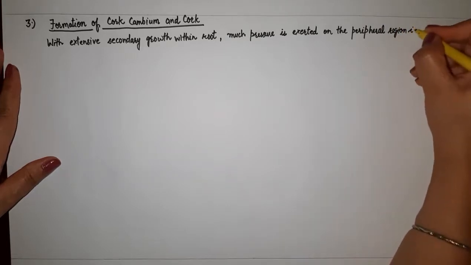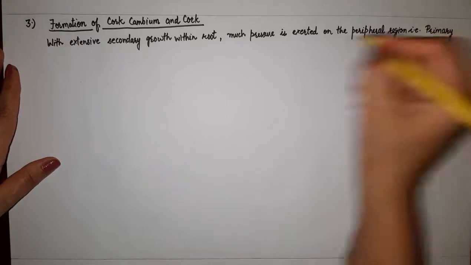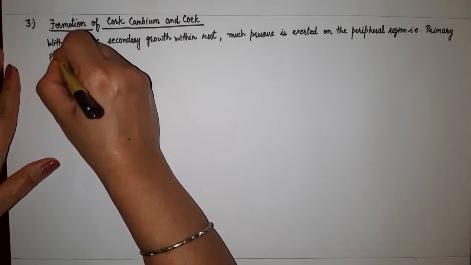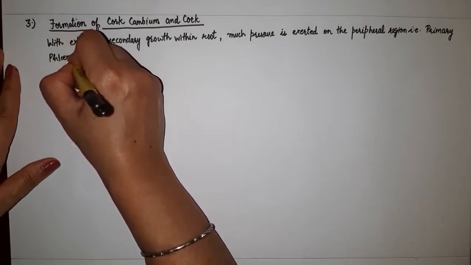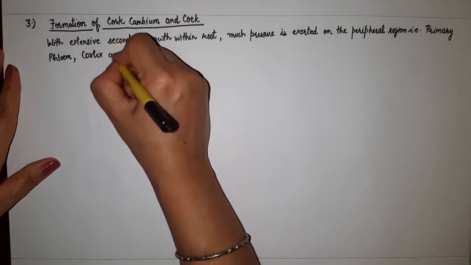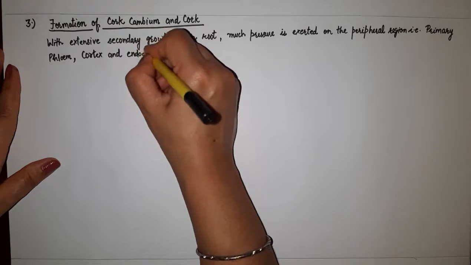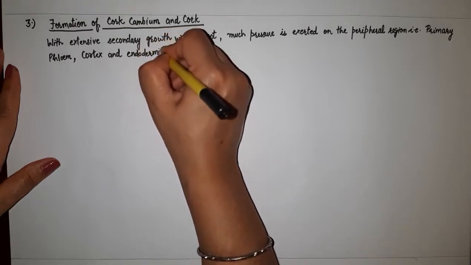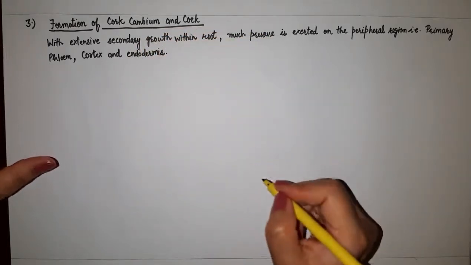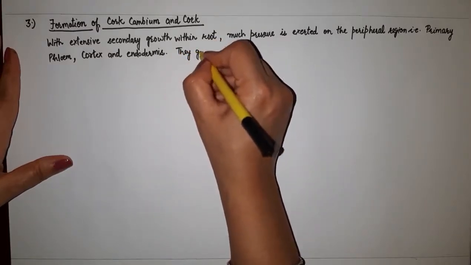That is the region of primary phloem, cortex and endodermis. So a lot of pressure is exerted on these tissues, that's why they get crushed.